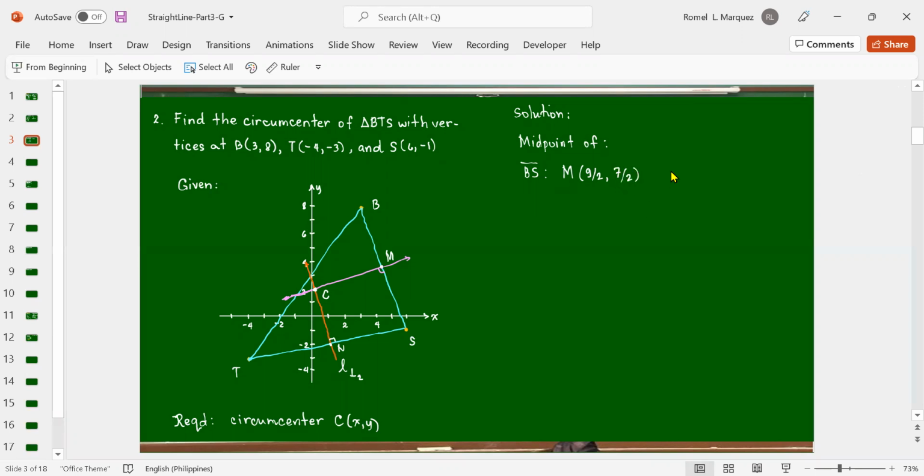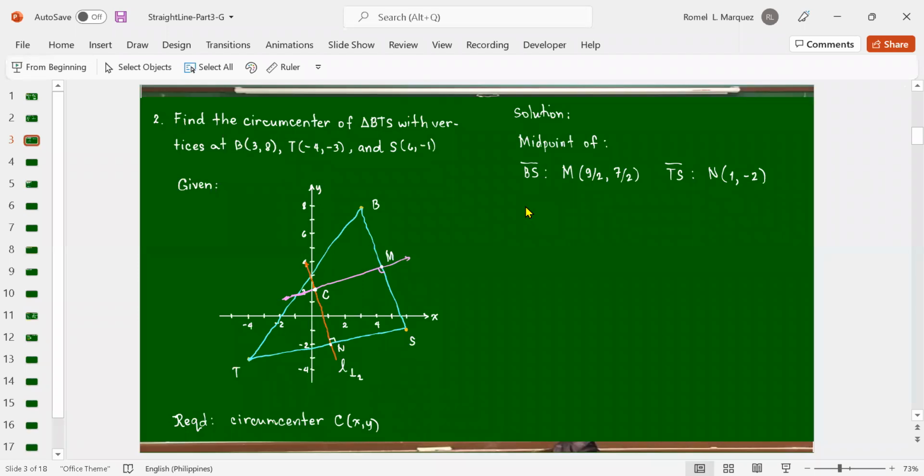Okay? What about the midpoint of TS? For the midpoint of TS, we have negative 4 plus 6, that is 2, divided by 2, 1. Negative 3 plus negative 1 is negative 4, divided by 2 is negative 2. Am I correct? So that is the midpoint of TS.